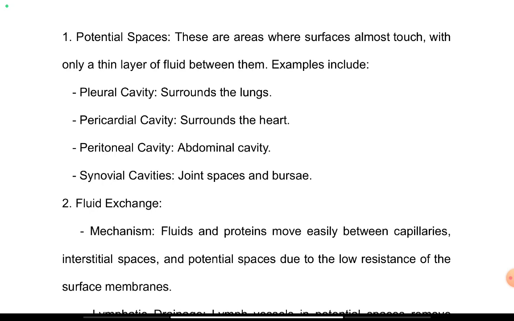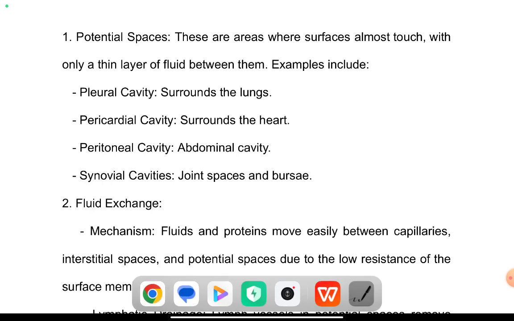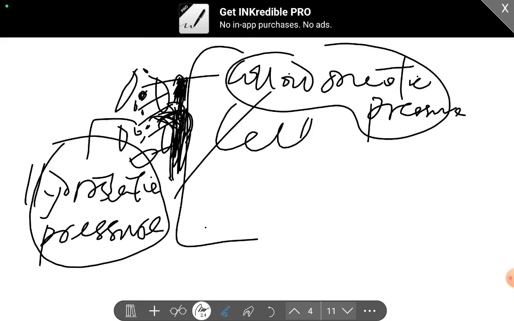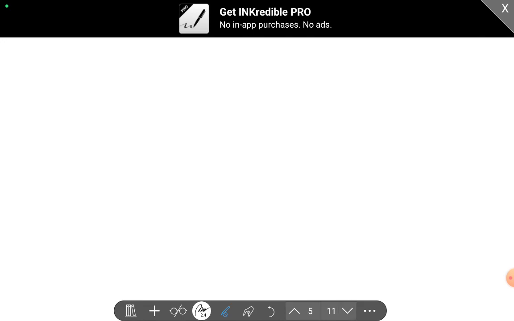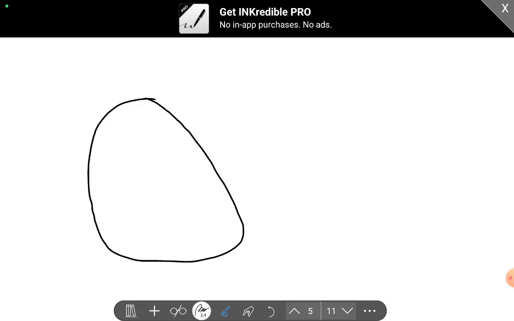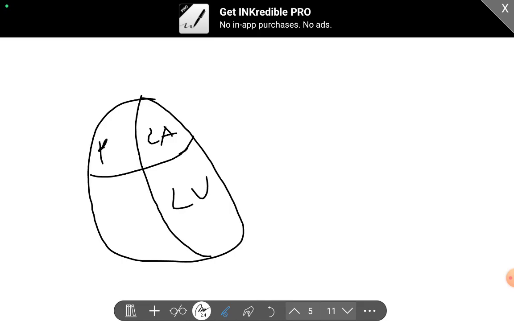And also, let's go to our whiteboard. At least let's play with some things on our whiteboard. Let's assume this is the heart, so sorry about my diagram. This is the left atrium, this is the left ventricle, this is the right atrium, and this is the right ventricle.